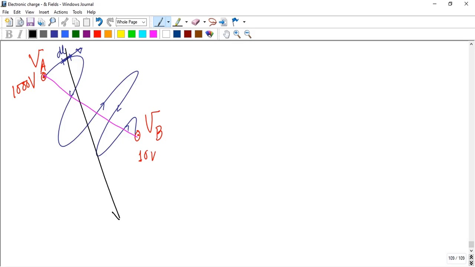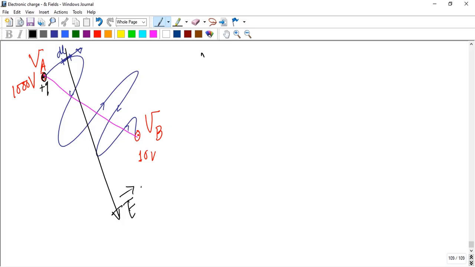If you want to move a test charge from higher potential to lower potential, suppose plus Q, a proton, a positive charge, it moves from higher potential to lower potential, and an electron, a negative charge, moves from lower potential to higher potential.